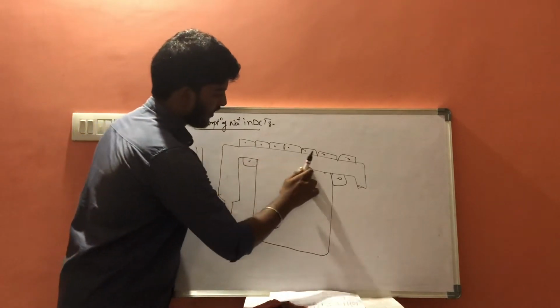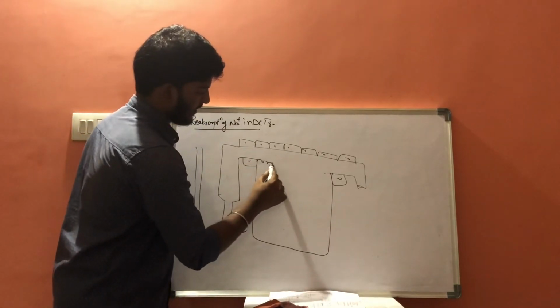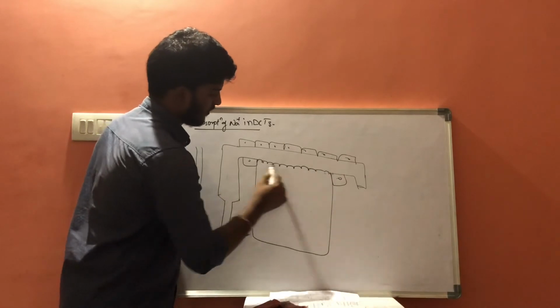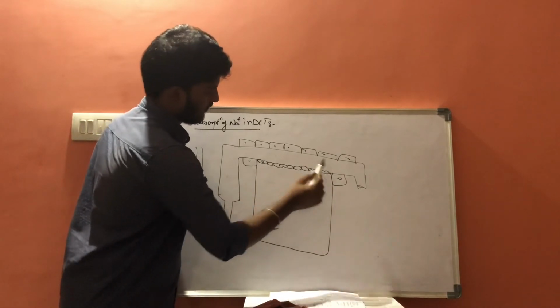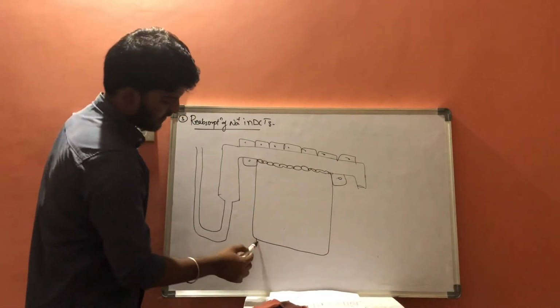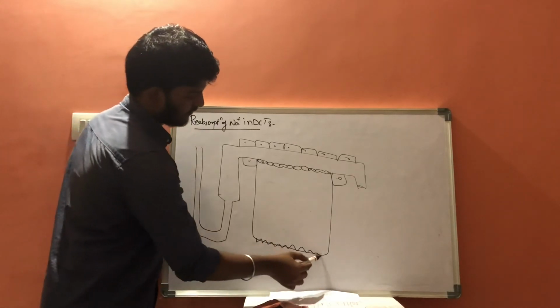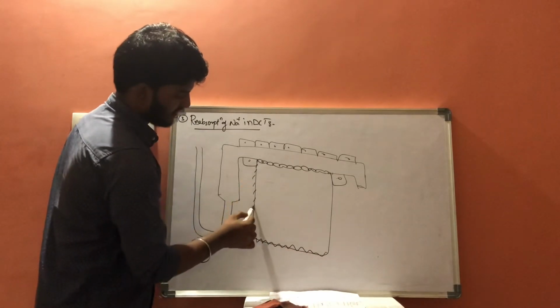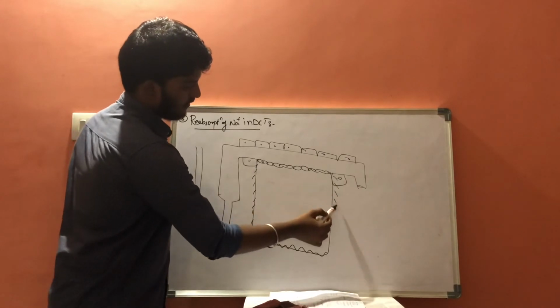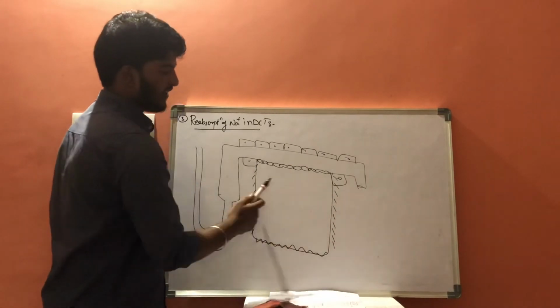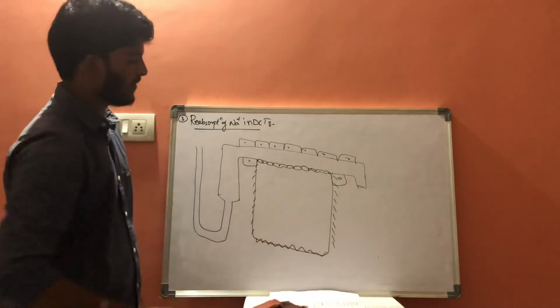We already know that this is the luminal membrane, which is double layered, and this is the ventral membrane, and these are the lateral membranes.